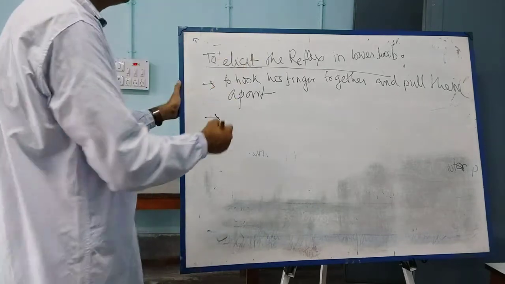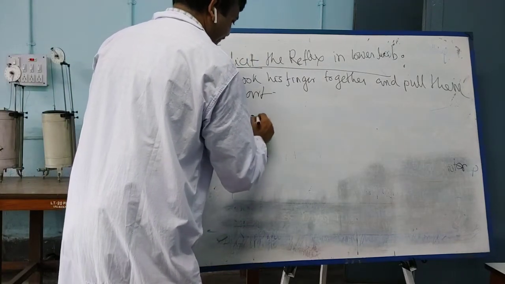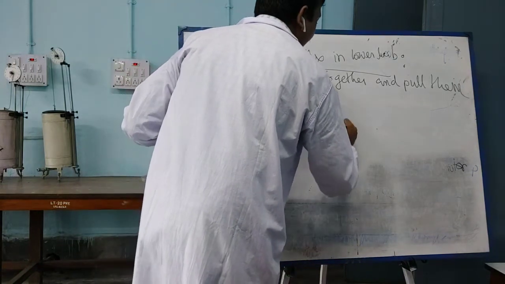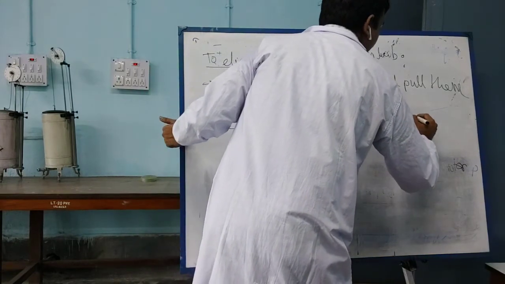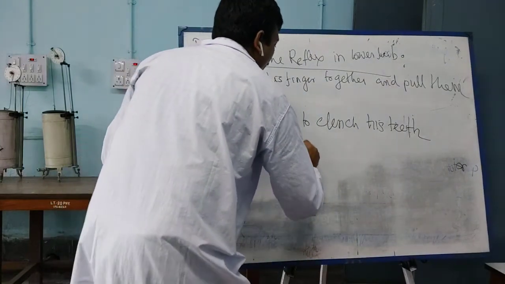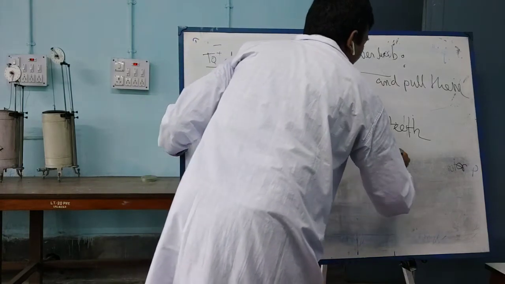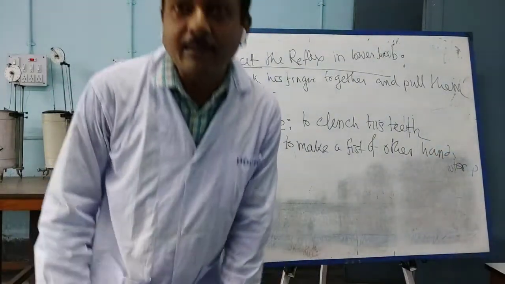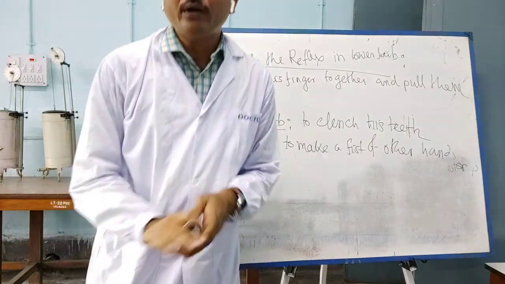And to elicit the reflex in the upper limb, ask the subject to clench his teeth or make a fist of the other hand.